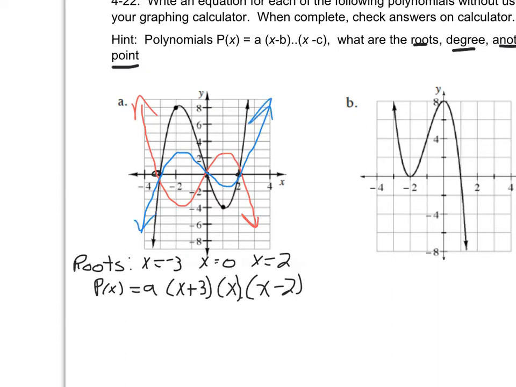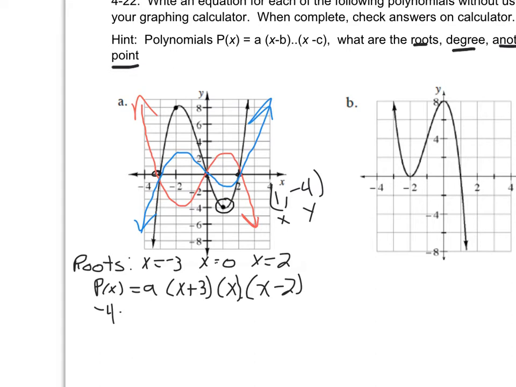So I need to uniquely determine, do I have the red equation, the blue equation, or the black equation? Well, in order to uniquely determine the black equation, I need to choose one point that's on the graph to help me determine my a value. That point is going to be 1, negative 4, where x is 1, y, or the output, is negative 4.